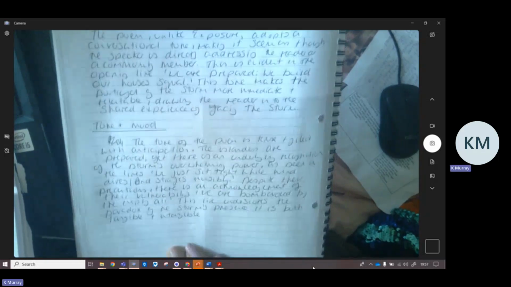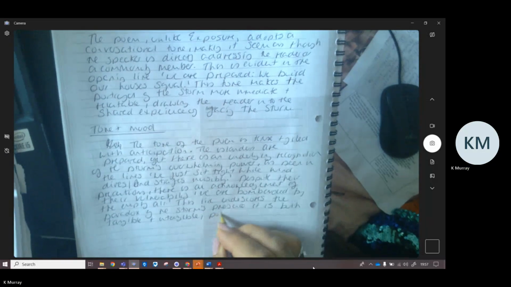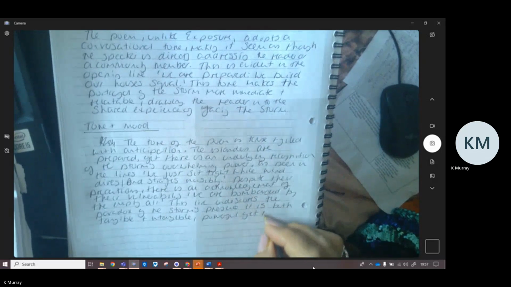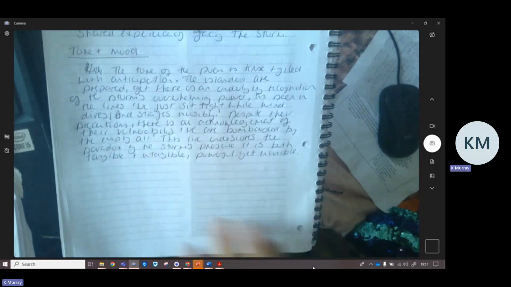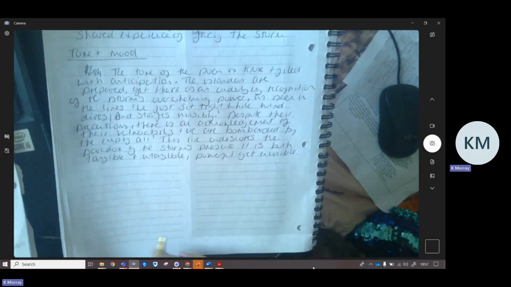That's the paradox. It's tangible and intangible and powerful, yet invisible. Yeah. And he acknowledges that it's empty air that we're frightened of. It's this powerful thing, but they can't actually see it.